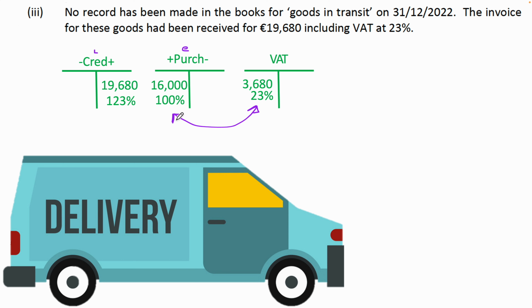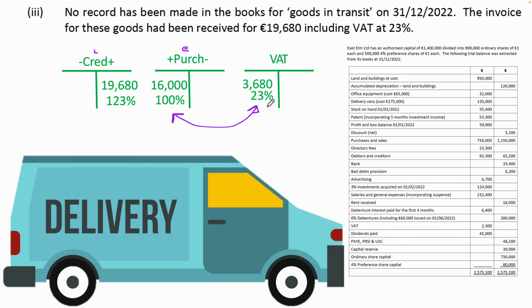If it was sales, it would be attached to sales. If it was purchase returns, it'd be the same side as the purchase returns are recorded. So whatever item it's attached to, you record the VAT on the same side. So we credit the creditors 123%, we debit the purchases 100%, and then we debit the VAT, the 23%. Now, this is where it gets a little bit complicated.